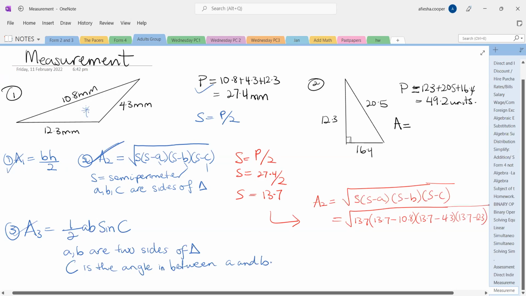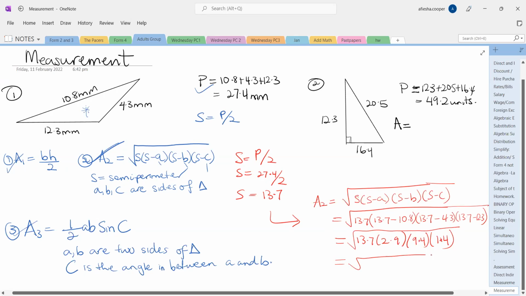The order doesn't matter. And work out what's in your brackets first. So 13.7 minus 10.8 is equal to 2.9. So 13.7 by 2.9. 13.7 minus 4.3 is 9.4. 13.7 minus 12.3 is 1.4, all under the square root.